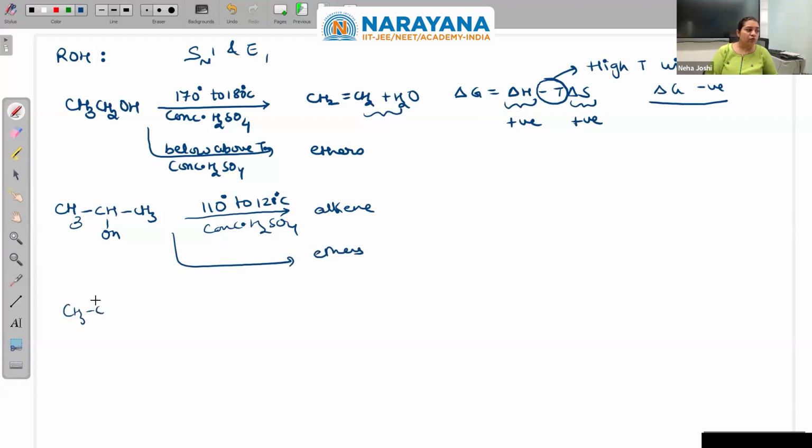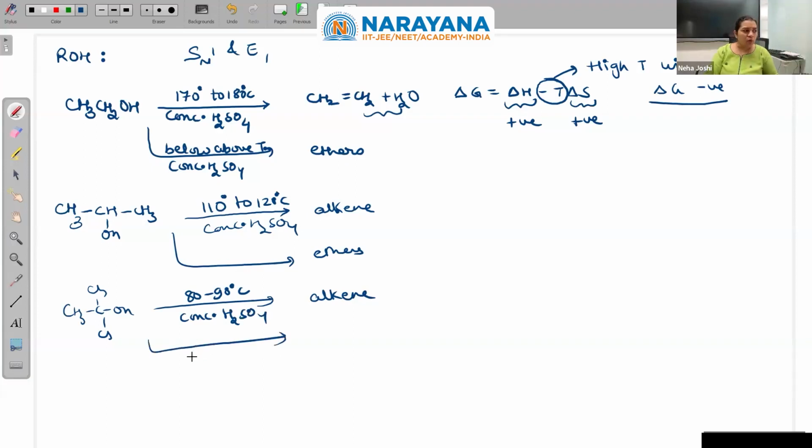When you reach very stable 3-degree alcohols, then around 70 to 90, I'll write 80 to 90 degrees centigrade zone, you will have alkene, and the concentration of H2SO4 will also be less than what we took above.